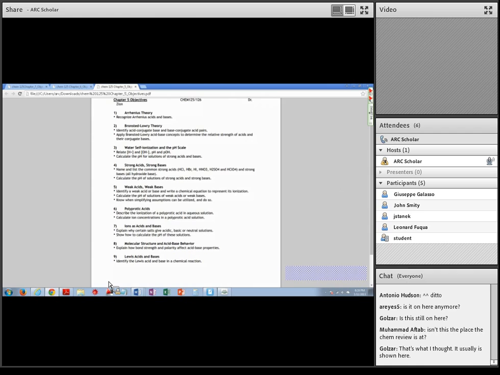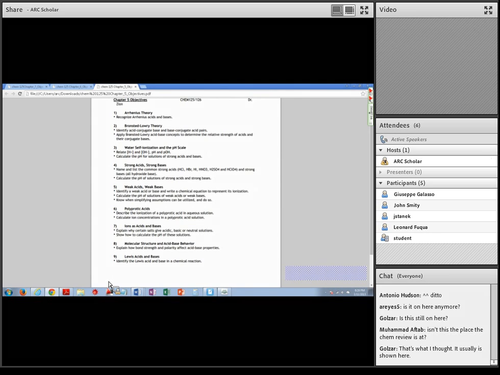But something like HF, that's a weak acid, that's going to be going back and forth. Most of it will stay as HF. If you just remember those 6 strong acids, and there's only a few strong bases, anything else you come across is going to be weak.